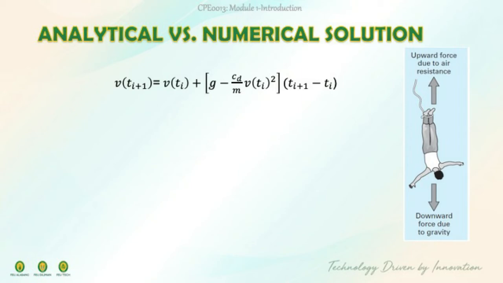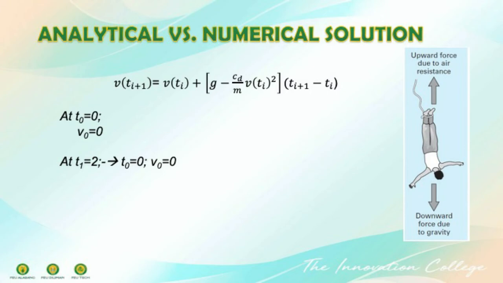So at the start of the computation, t_0 is equal to 0. Therefore, the velocity of the jumper is 0. Using this information and the parameter values from our equation, you can compute the velocity at t_1 equal to 2.